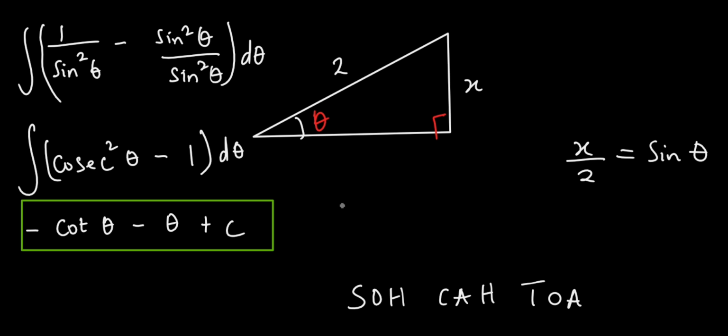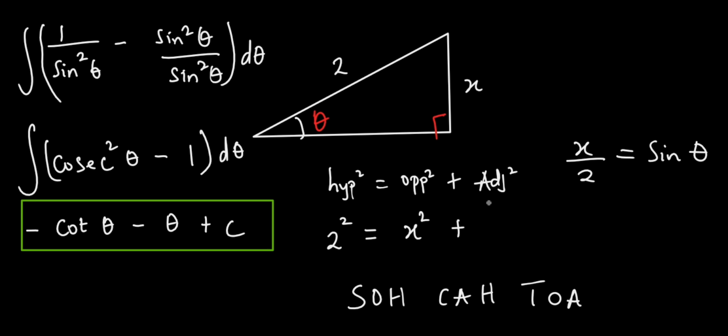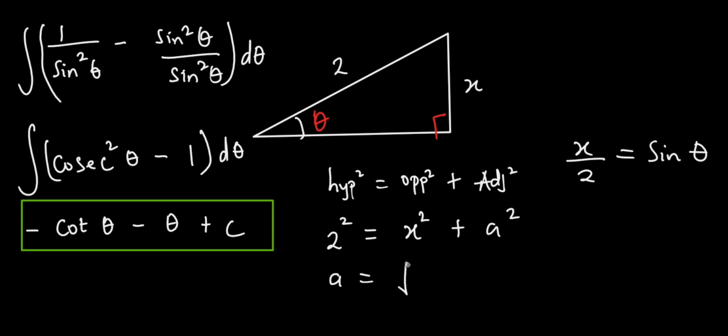This is where we can use the Pythagorean theorem. The Pythagorean theorem says hypotenuse squared is equal to opposite squared plus adjacent squared. The hypotenuse is 2, so we have 2 squared is equal to the opposite squared, x squared, plus the adjacent squared. Let's say a squared. So we need to find a. So a is equal to the square root of 4 minus x squared, right?